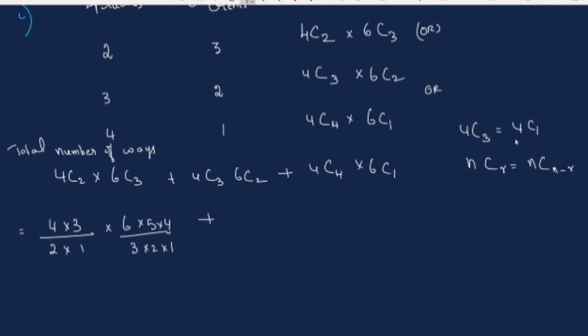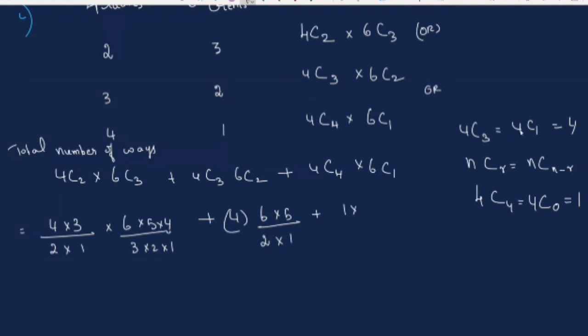So 4C3 is also equal to 4C(4 minus 3), which is 4C1, and 4C1 is 4 itself. 6C2 means 6 into 5 by 2 into 1. 4C4 is also equal to 4C(4 minus 4), which is 4C0, and its value is 1. You should know all these, okay? So it is 1. 6C1 is 6.